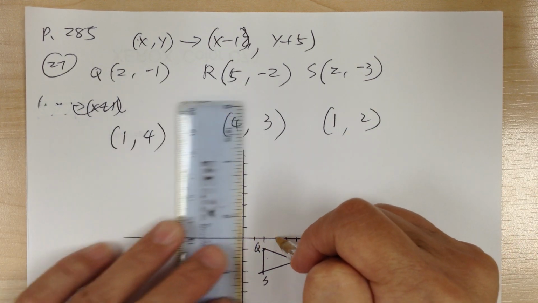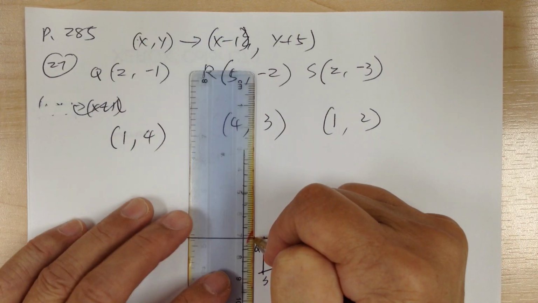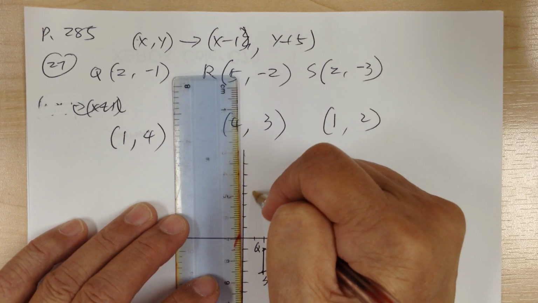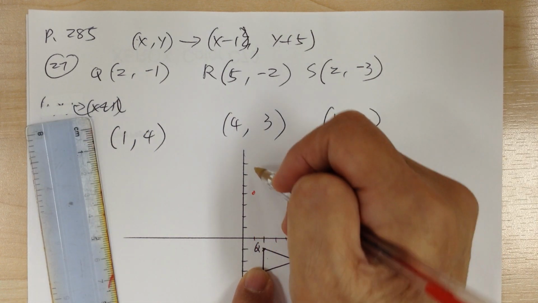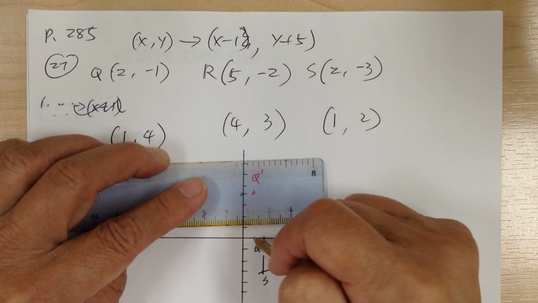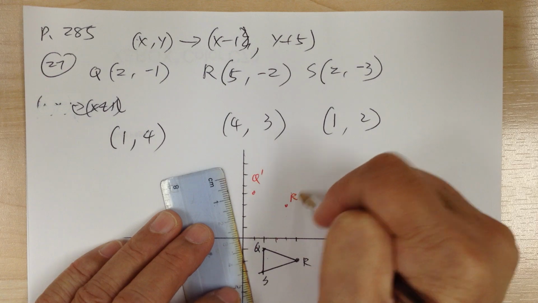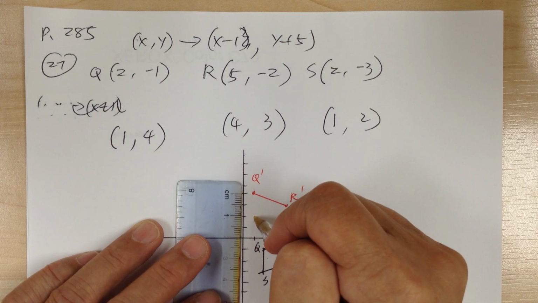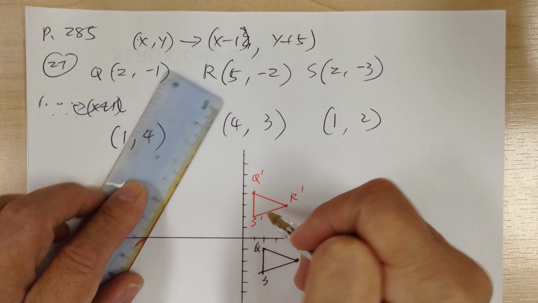Let's do this one here, so 1, 4. So you move 1 to the left and up 5. So this becomes the new Q, and this one becomes 4, 3, and S becomes 1, 2. Okay, and so that's that.